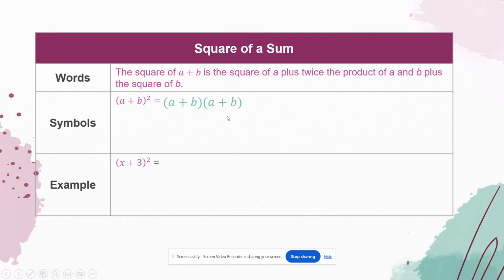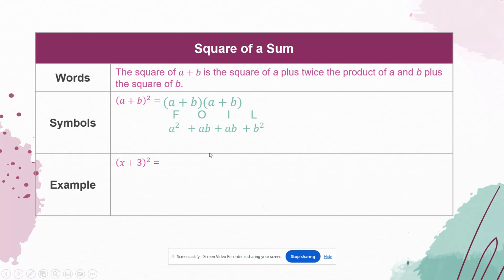Well, if I have two binomials written out like this, hopefully we know that we can FOIL this. So a times a would be a squared, a times b would be positive ab. Okay, b times a would also be positive ab. Both of these would be positive ab. Multiplication is commutative, so it doesn't matter what order we do it in. And b times b would be b squared.